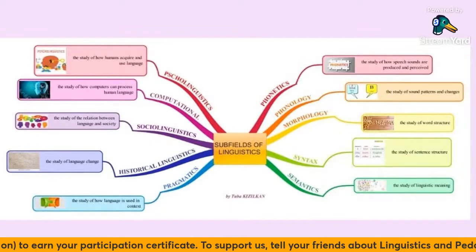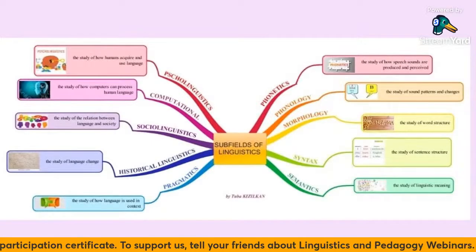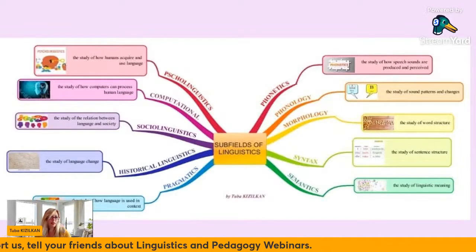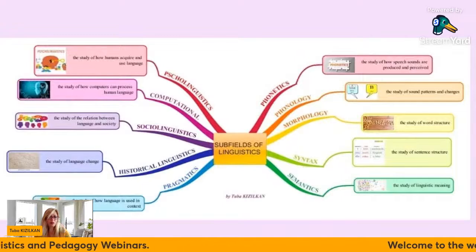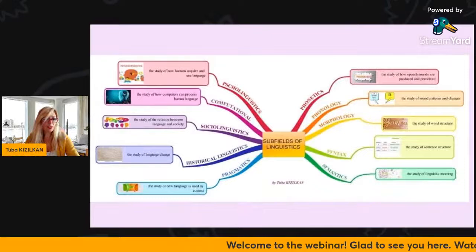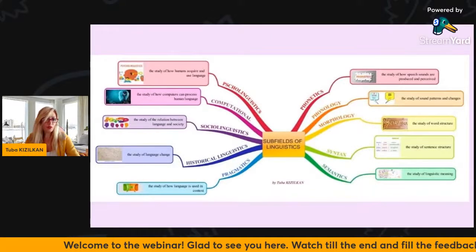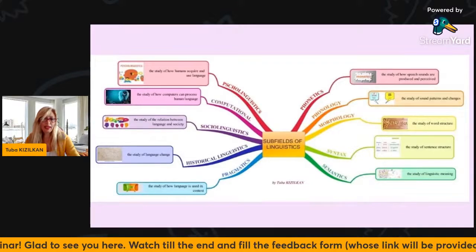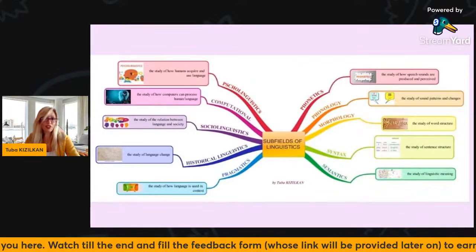And phoneticians study both the production of speech sounds by the human speech organs, which is articulatory phonetics, and the properties of the sounds themselves, which is called acoustic phonetics. And phoneticians are concerned with such questions as what are the sounds, from among all those that humans could make, that actually exist in the world's languages?